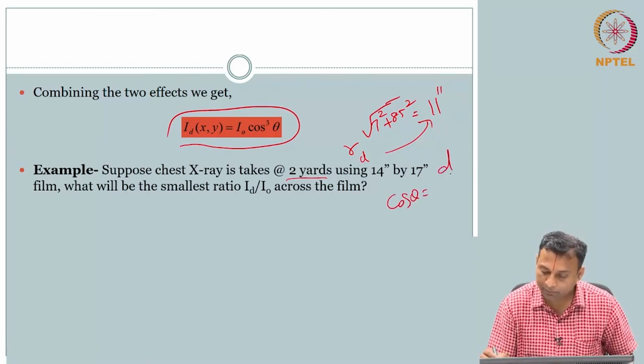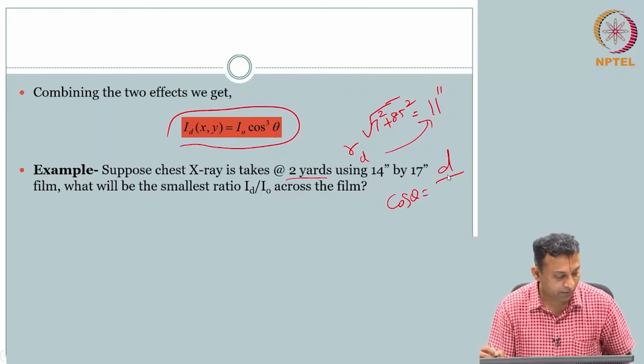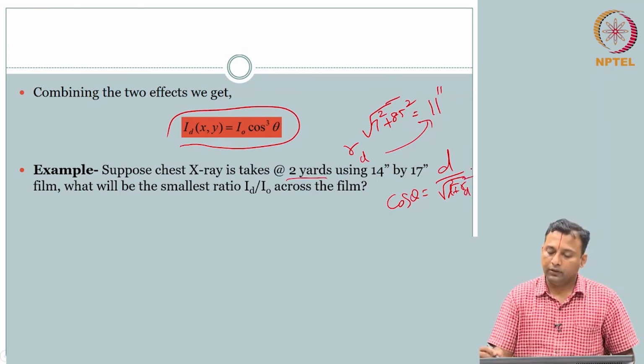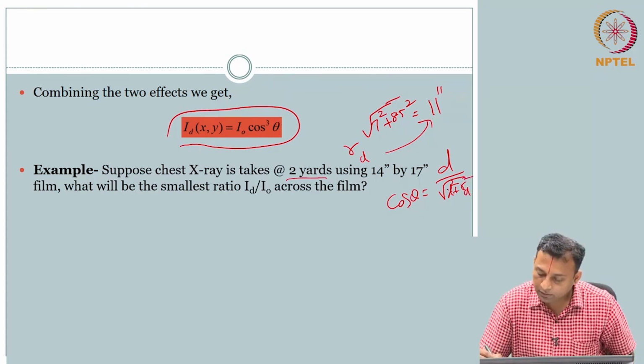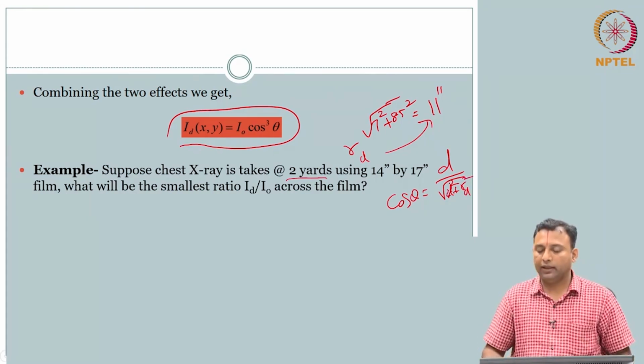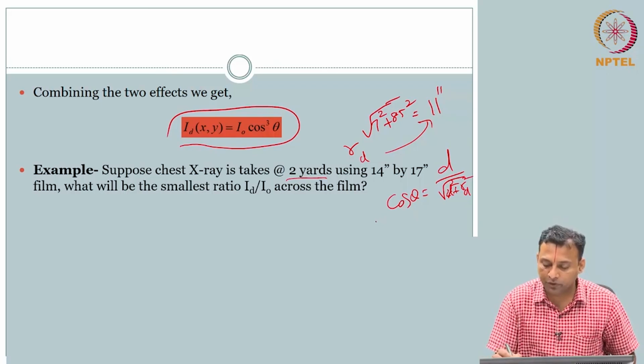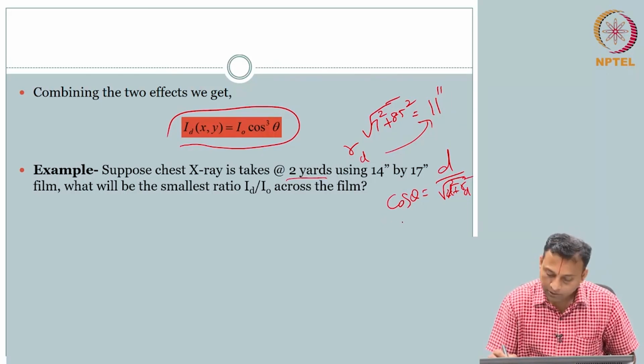You have d divided by the square root of d square plus r_d square.